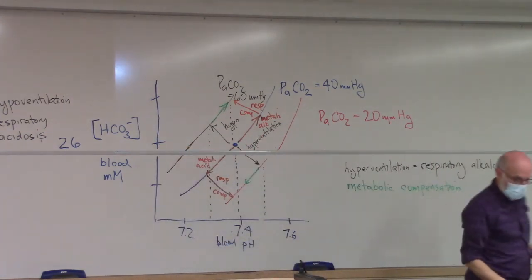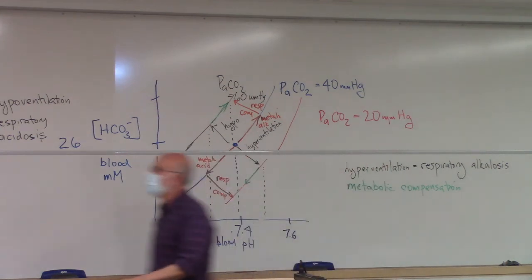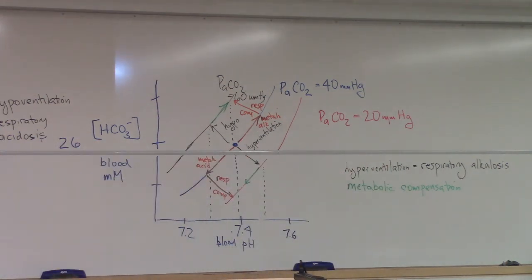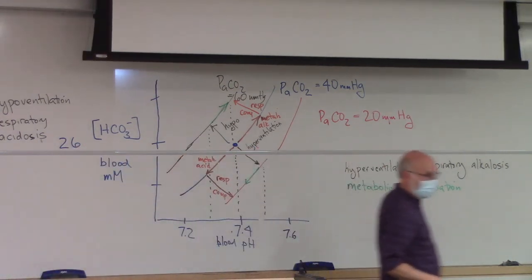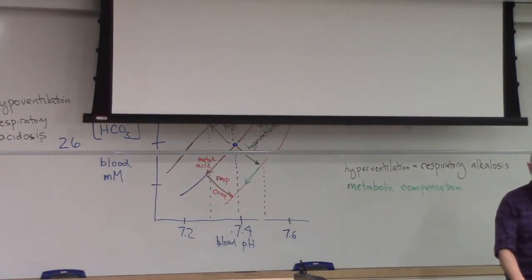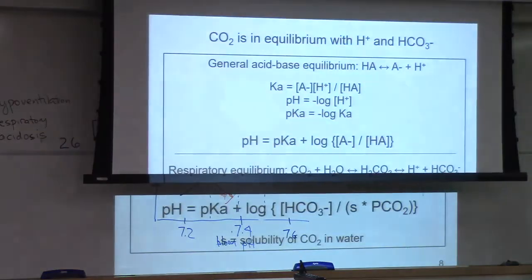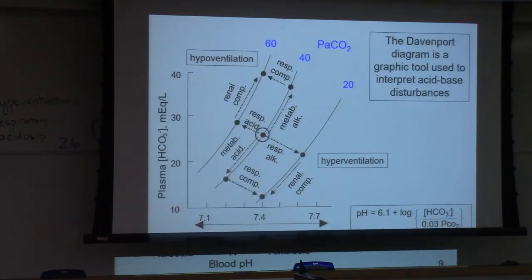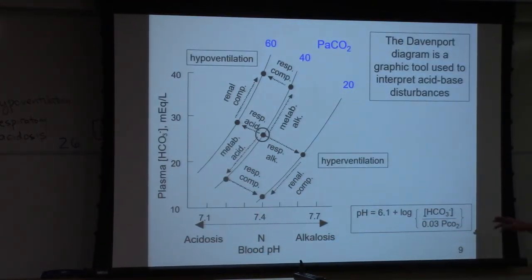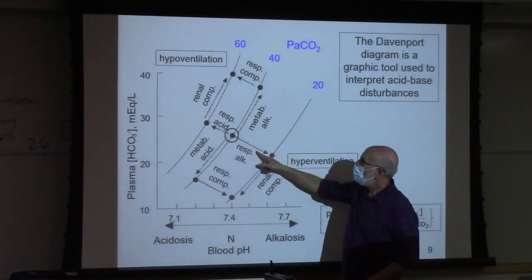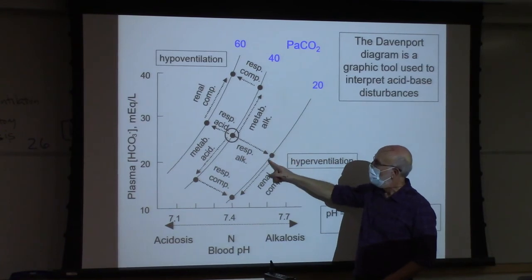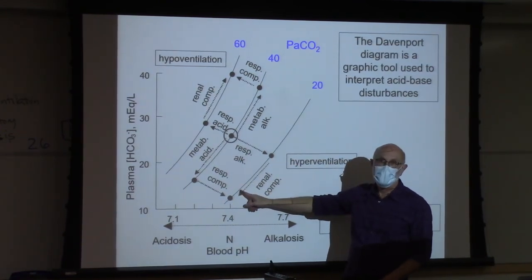So let me put up the slide and see how well I did. Well, you won't see because it's behind the screen. So we talked about respiratory alkalosis and metabolic compensation.